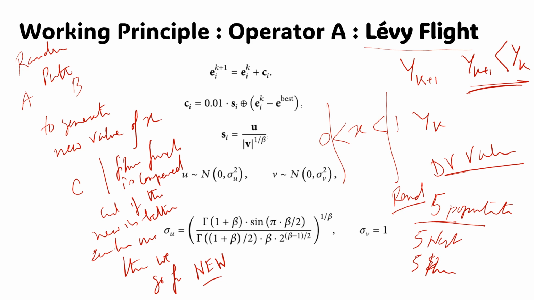But in this algorithm, the cuckoo follows a Levy type of flight, that means a flight which follows the Levy distribution, and inside this there is a gamma function. Anyway, let's see the Levy distribution. How is the Levy distribution mimicked now? This is operator A, or Levy distribution, where a new location is generated.